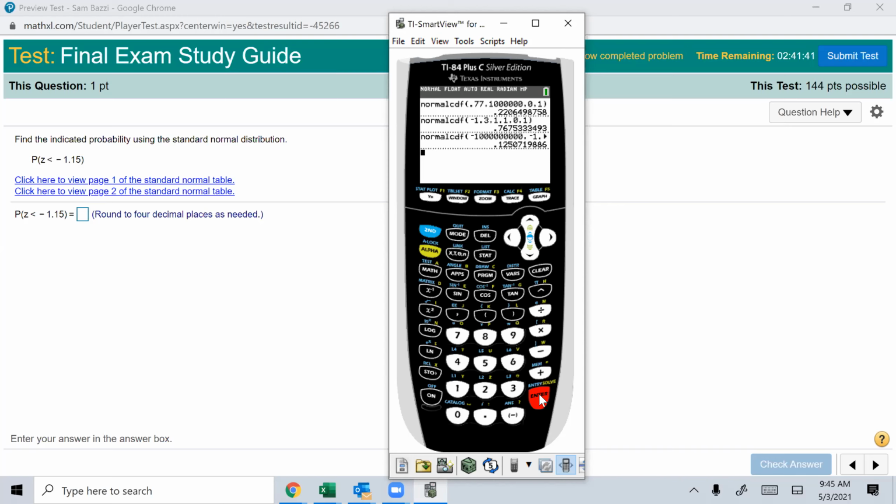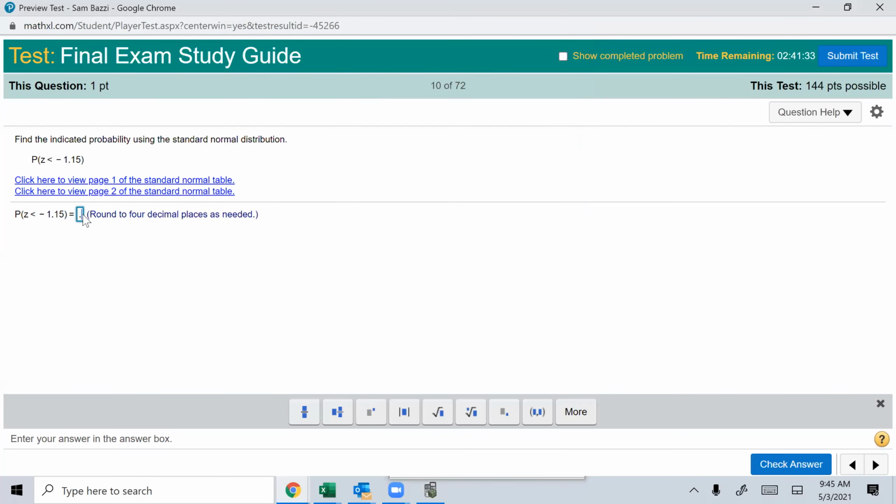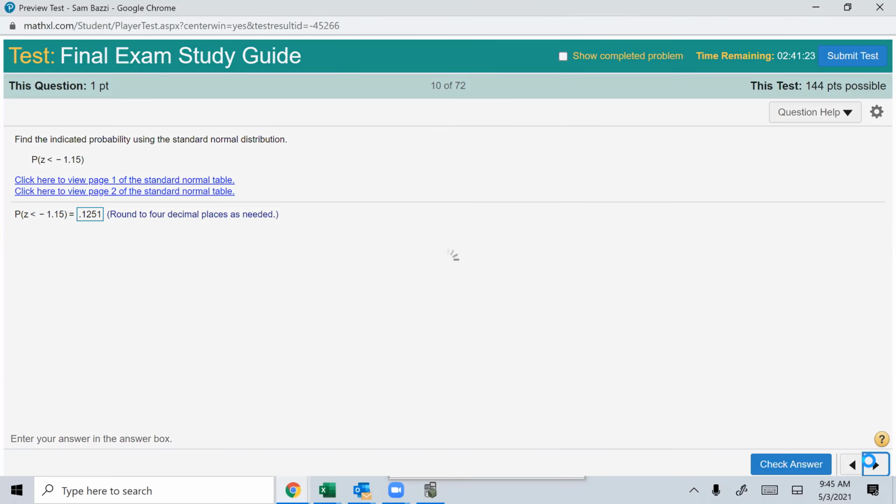And here you go. The answer rounded to 4 decimal places is 0.1251. But if you redo this question later, don't be surprised if you see a different answer, because the system could change this number.